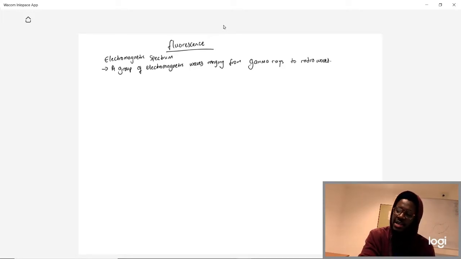So which one has the lowest energy? Gamma rays or radio waves? Radio waves. Radio waves, exactly.